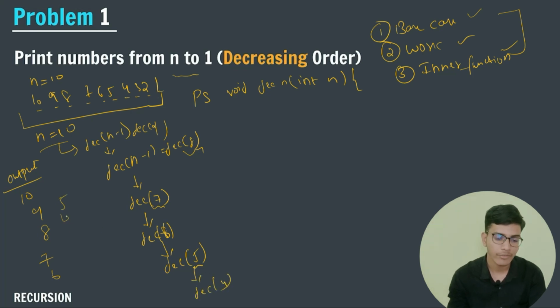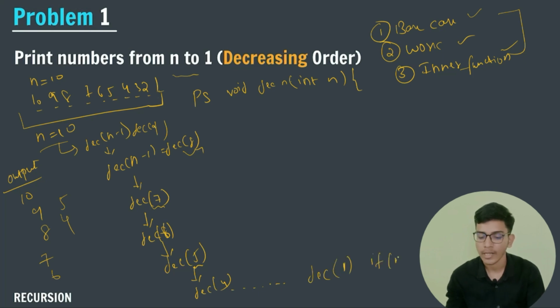Here I will print 4, and this process will continue until I hit my base case. That is, when I call dec 1, if the given n is equal to 1, then simply print the value of 1 and return. That's all. So first of all, I am printing the value of n, so I will write System.out.print of n.